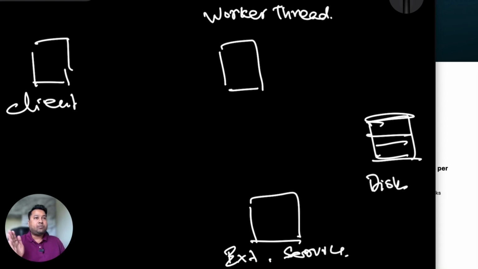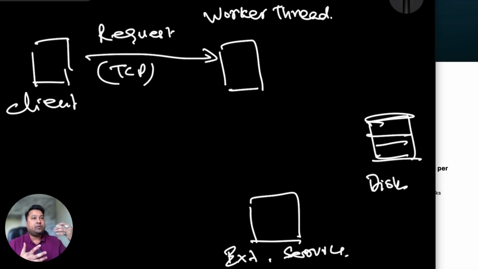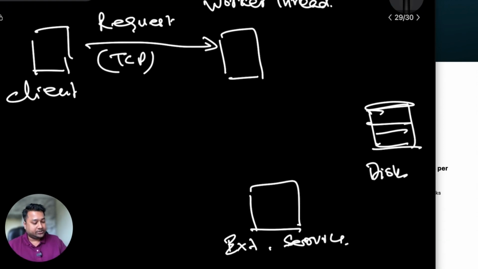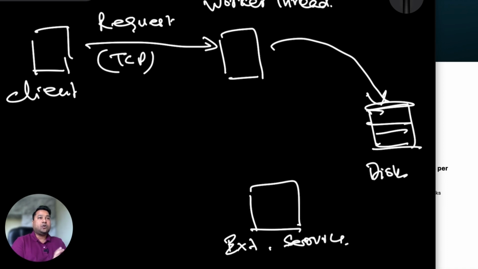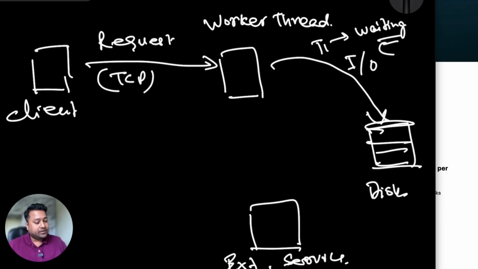The way the blocking nature of a thread works is, the client sends this request over a TCP connection. Then this worker thread picks up that request, and let's say as part of the request, it needs to talk to your disk. So it will go to the disk and perform some kind of IO operation, right? And until that IO operation gets completed, this particular thread T1 will keep on waiting. When I say waiting, that means it's in the blocked state.